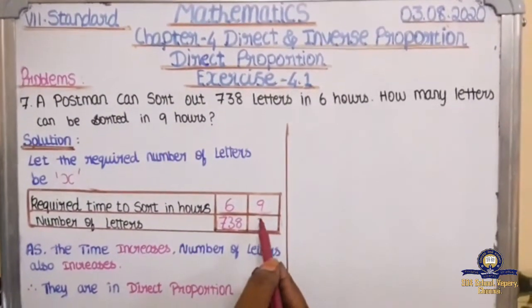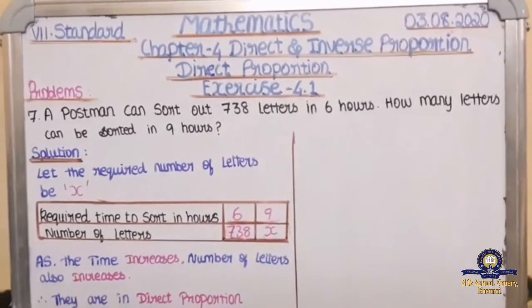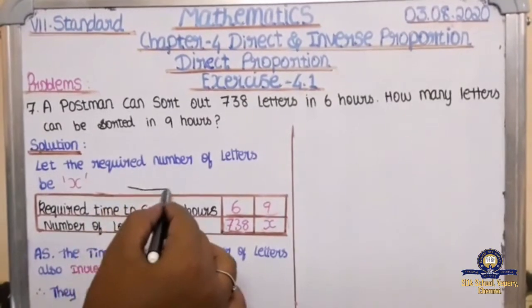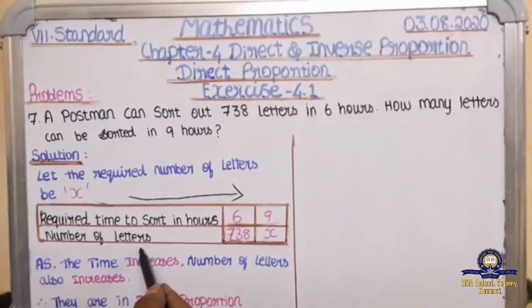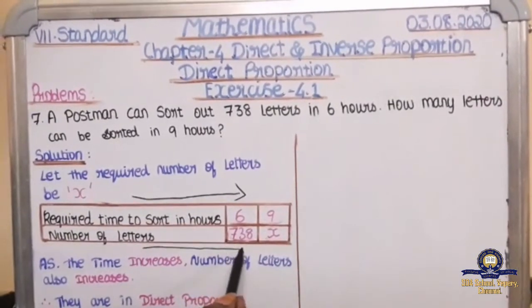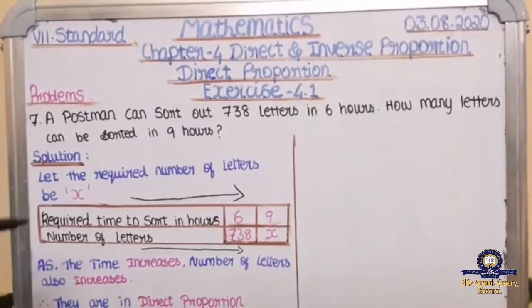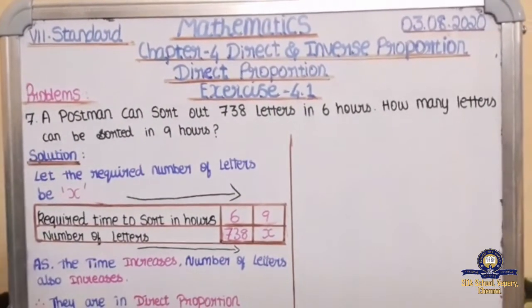So let it be denoted as x. From this table we can notice the required time in hours increases. Therefore, the number of letters also increases. So from this we can say that the time in hours and the number of letters are in direct proportion.